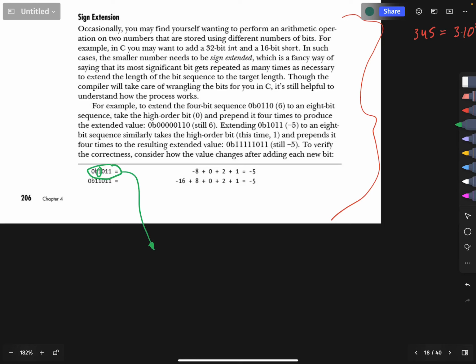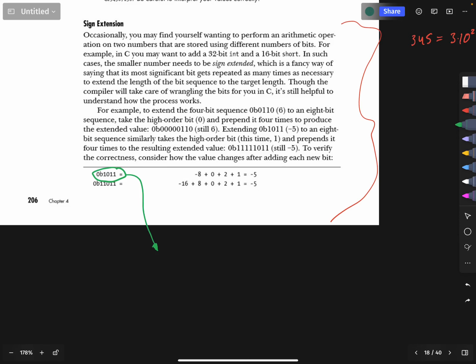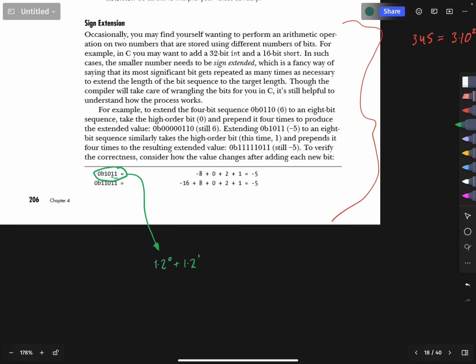As a formula, let's go from right to left. At the right, that's 1 times 2 to the 0, plus 1 times 2 to the 1, plus 0 times 2 to the 2, but actually minus.